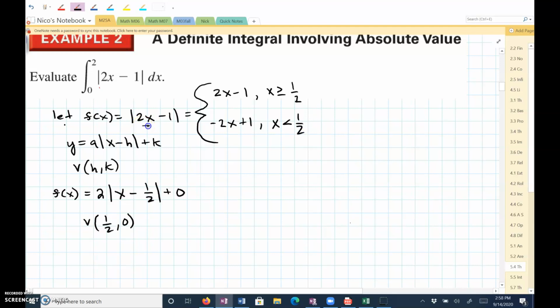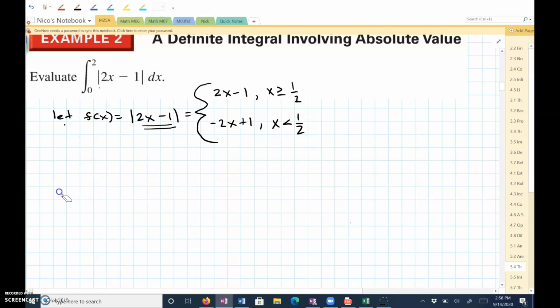Okay? So the answer here can be positive or negative. That's all I'm doing. I'm taking 2x minus 1 and multiplying it by positive 1, and I'm taking 2x minus 1 and multiplying it through by negative 1. Okay? So hopefully that makes sense. That's kind of a review of college algebra.